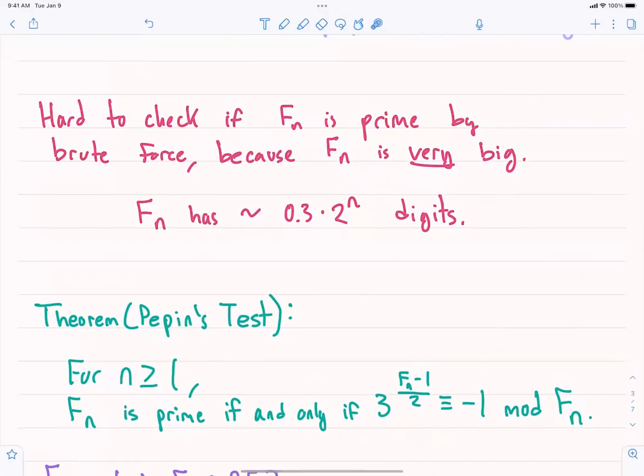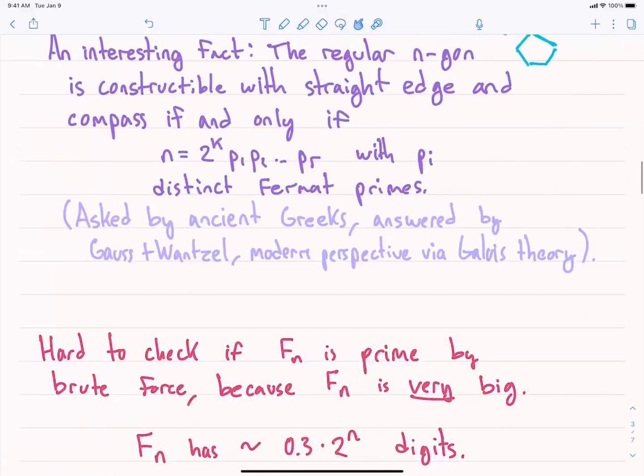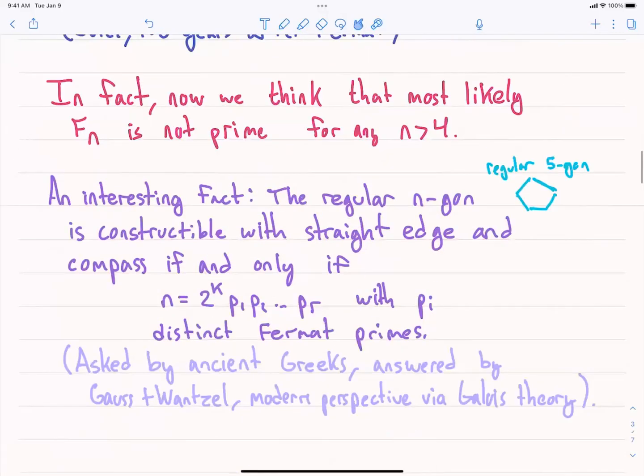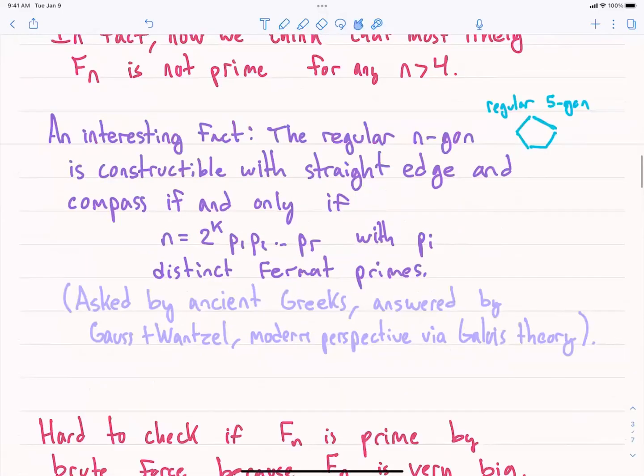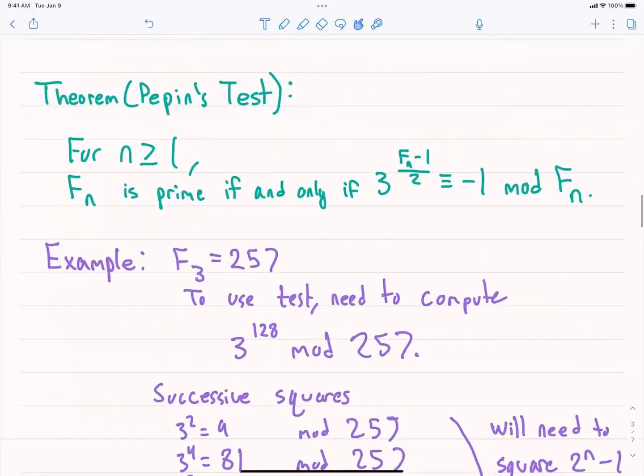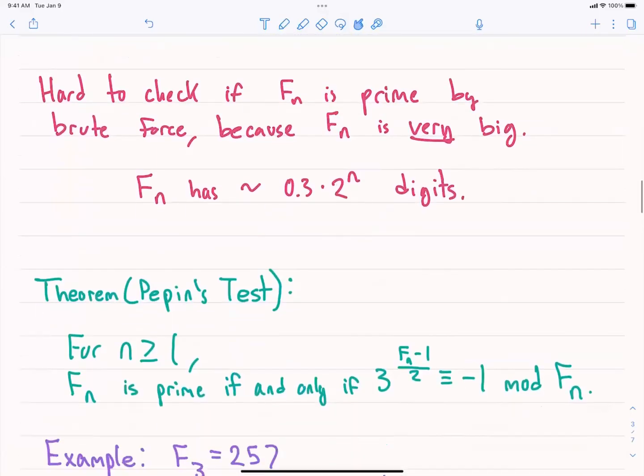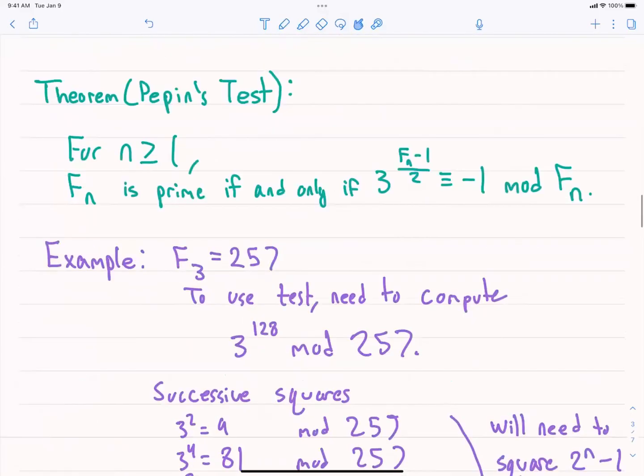And you can really verify that some very large Fermat numbers are not prime this way. That reinforces the expectation we now have that Fn is not prime for any n greater than 4. It's not actually that high, but we know up to the 30s at least, these are not prime.